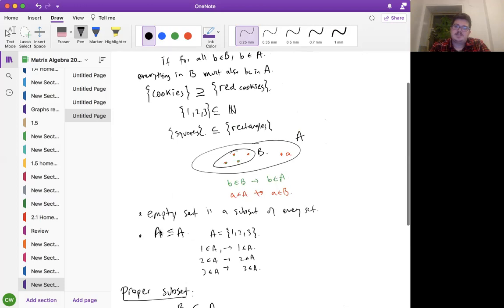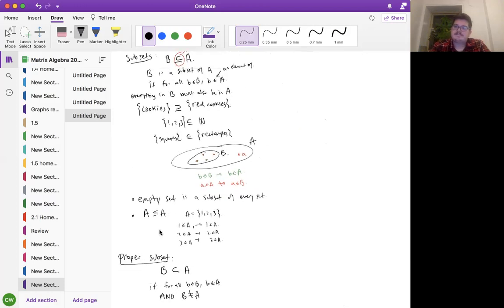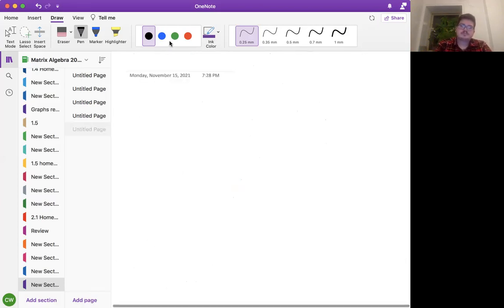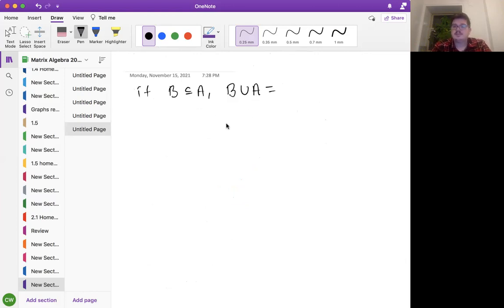Okay, questions on subsets? So we'll think about some properties of subsets with union and intersection. Okay, so if B is a subset of A, can someone say what B union A is? A, right? Union does not mean add more, right?